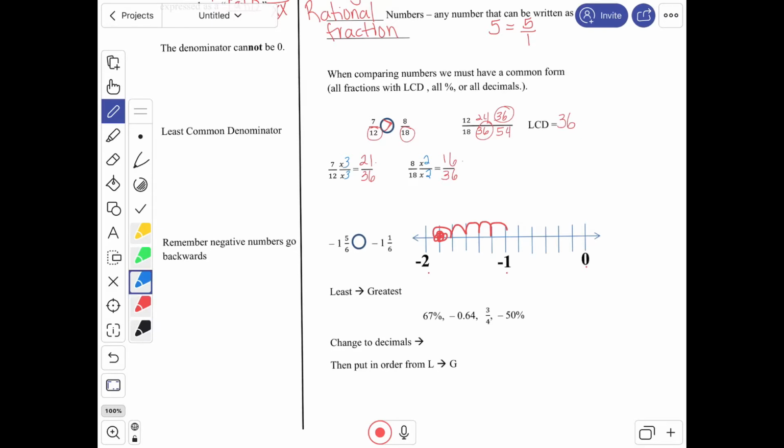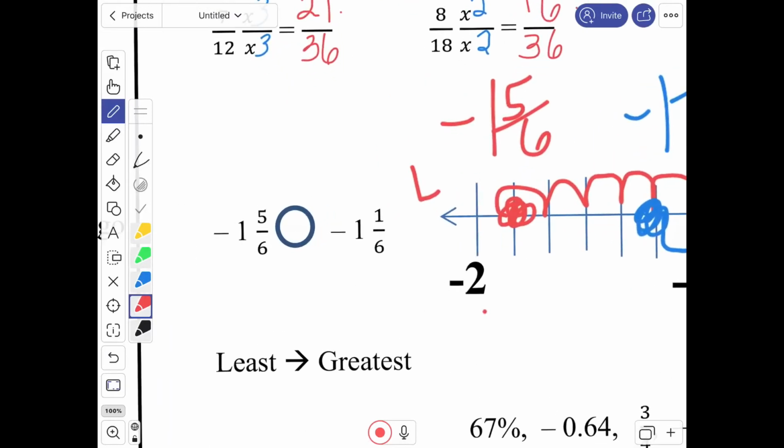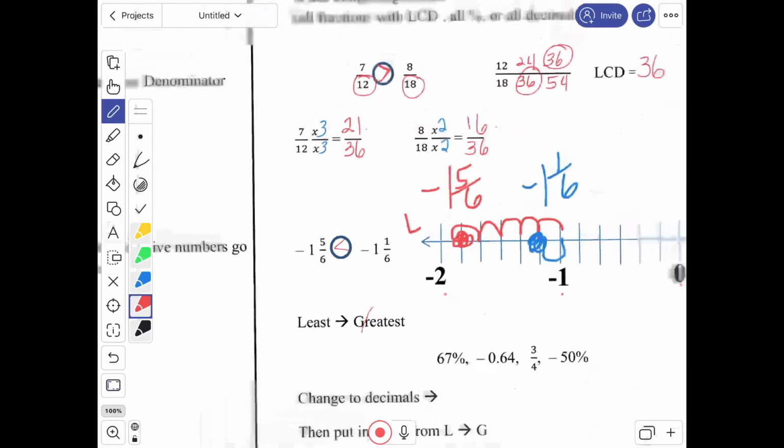Negative 1 and 1/6 means we go to negative 1 and then go over 1/6. So the other number would be right there. Negative 1 and 1/6 and negative 1 and 5/6. And the littler numbers are on the left and the bigger numbers are always on the right. So negative 1 and 5/6 is less than negative 1 and 1/6.